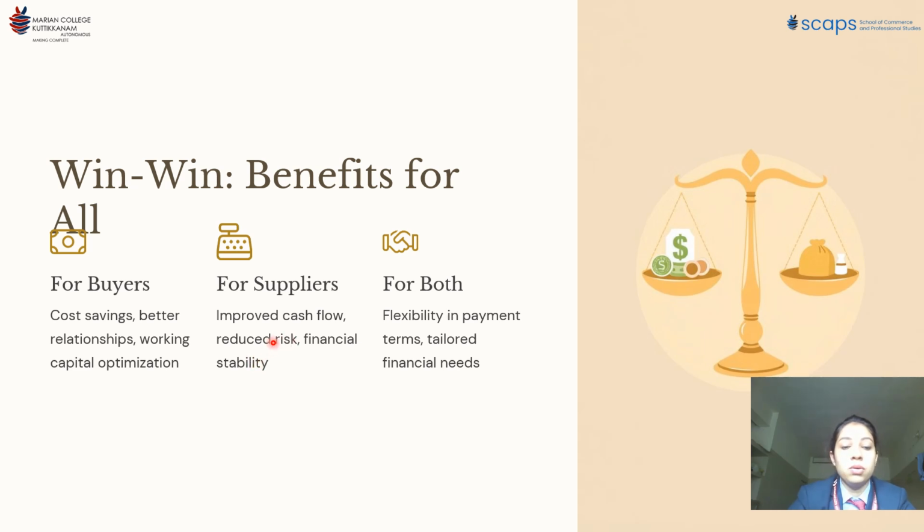How does this reduce the risk for suppliers? Early payment reduces the risk of late or non-payment. So this will help financial stability. Reduced risk and financial stability are connected.